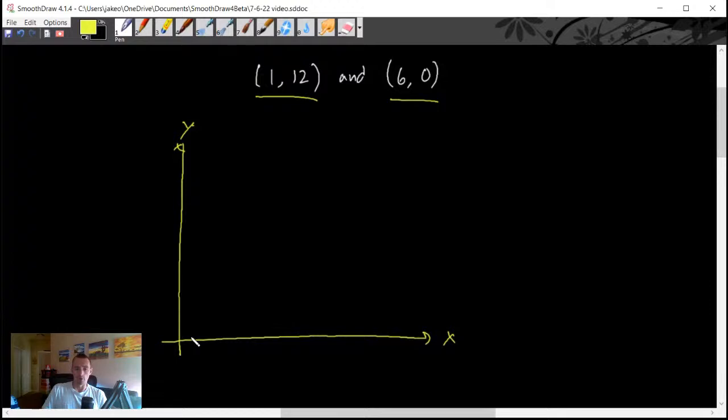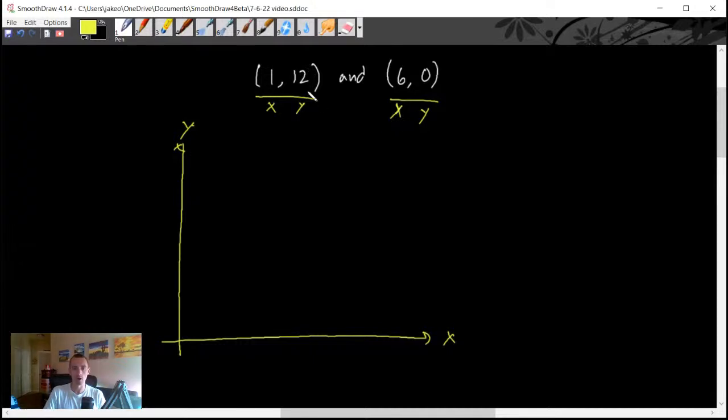So to do that, we pretty much just draw tick marks on each axis. Just looking at these points here, our X coordinates are 1 and 6, and our Y coordinates are 12 and 0. So whenever you have XY coordinates, the X is going to be the first number, the Y is going to be the second number.